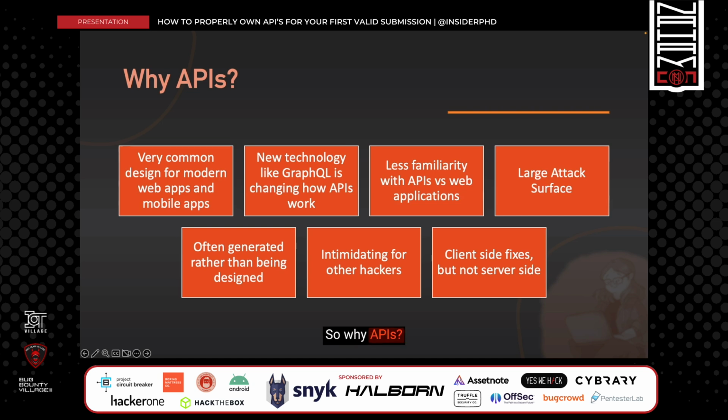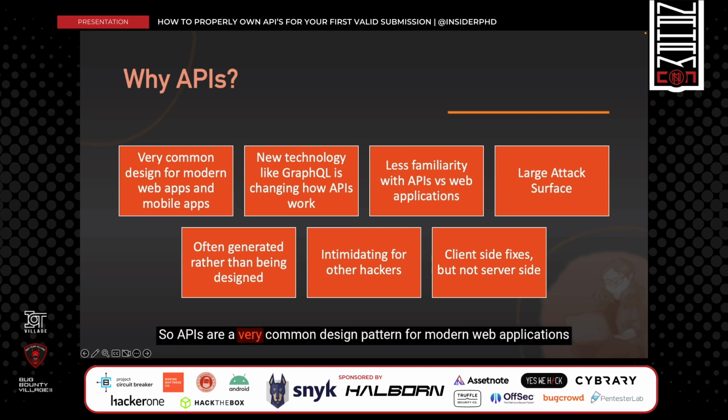So why APIs? Why do I and other hackers focus on APIs? What makes them great? APIs are a very common design pattern for modern web applications and mobile applications. That's because the developer only has to write the business logic once in the API, and then whatever app they're using just needs to connect to that API.